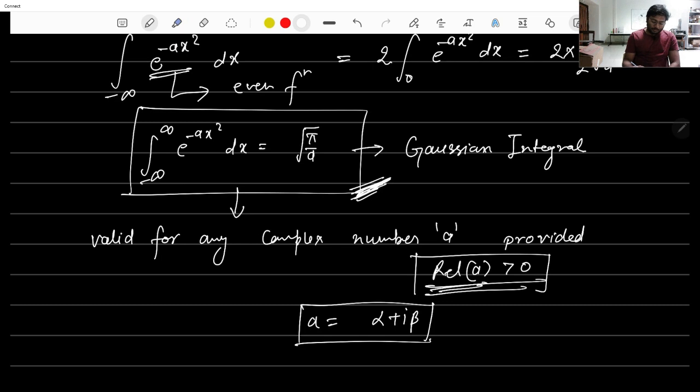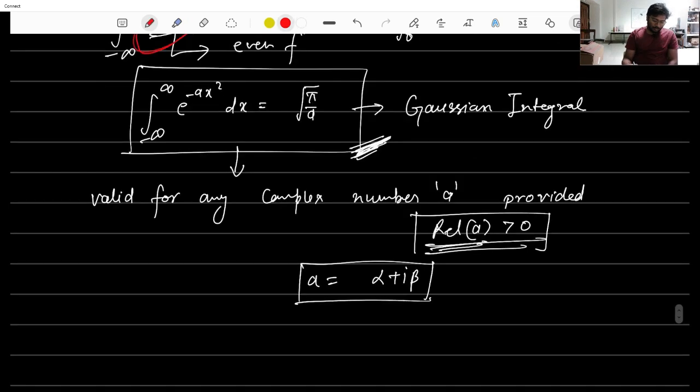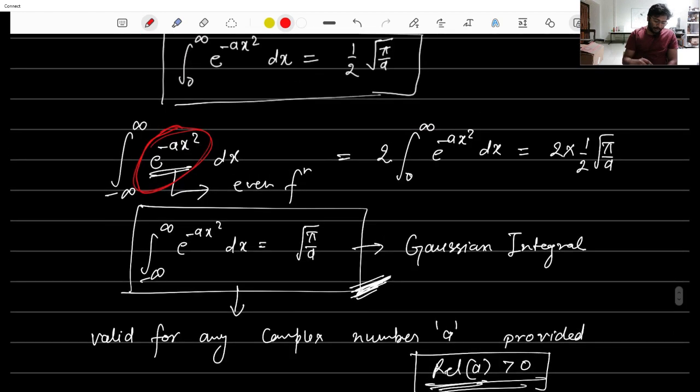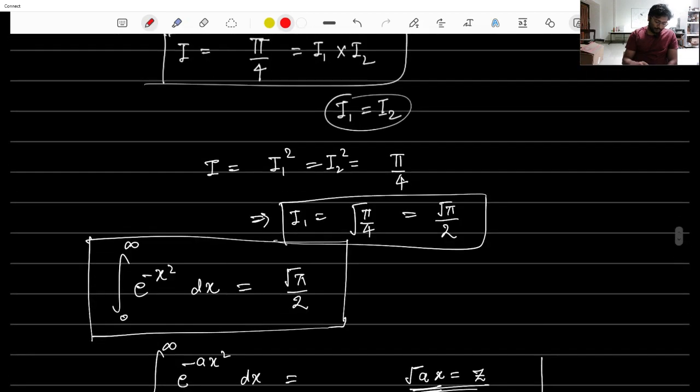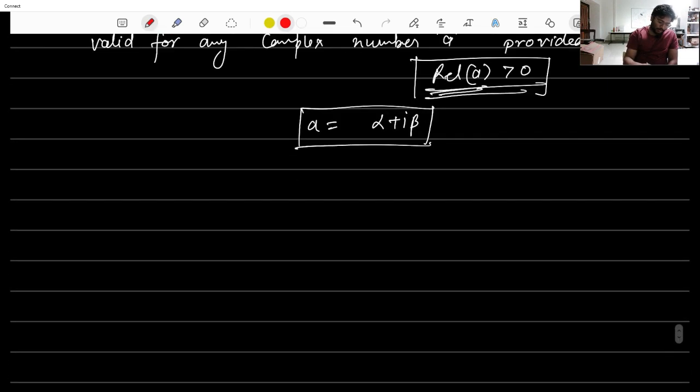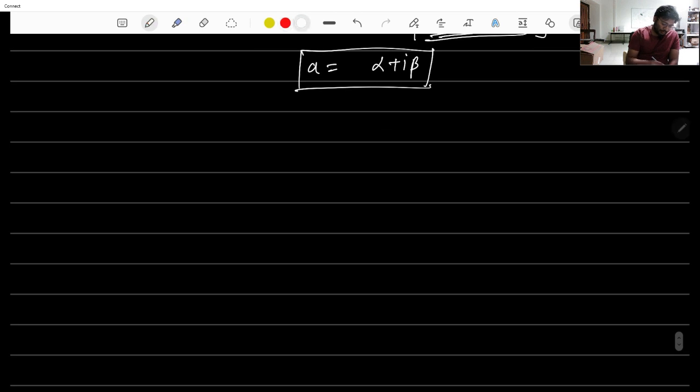Why not if the real part of a is less than 0 or something else, correct. So to focus on the integrand of the integration, for the Gaussian integral, e to the power minus x square, this is our integrand.